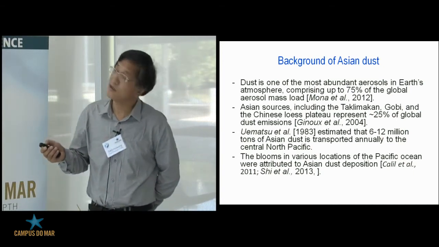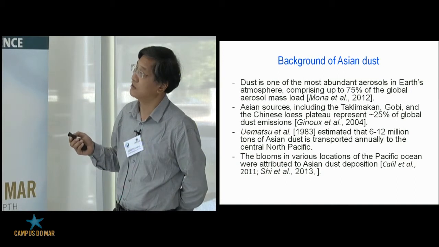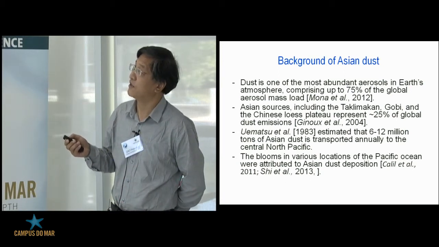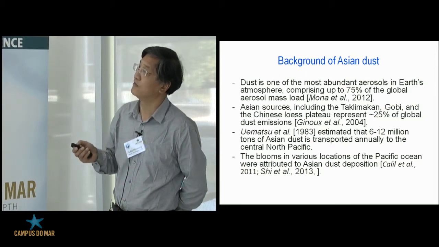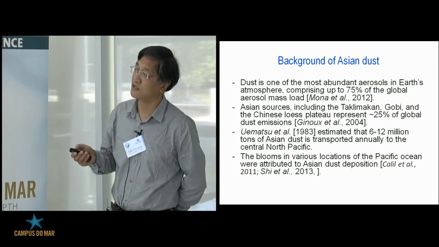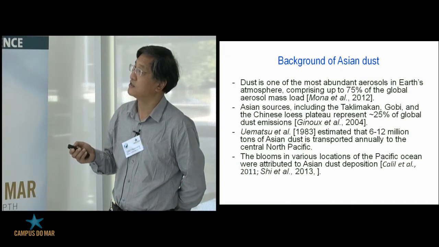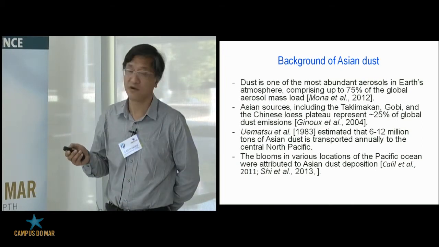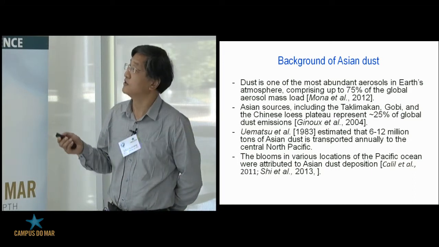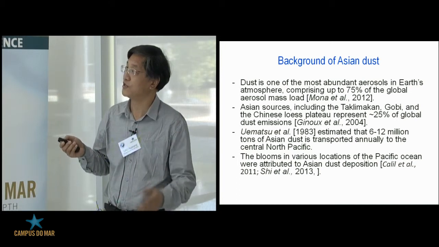Dust is one of the most abundant aerosols in Earth's atmosphere, comprising about 75% of the global aerosol mass loading. Asian dust sources, including the Taklamakan Desert, Gobi Desert, and the Chinese Loess Plateau, represent 1/4 of the global dust emissions. So compared to the Sahara dust, it's quite a little.